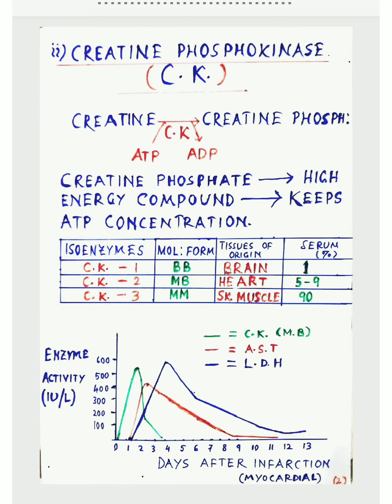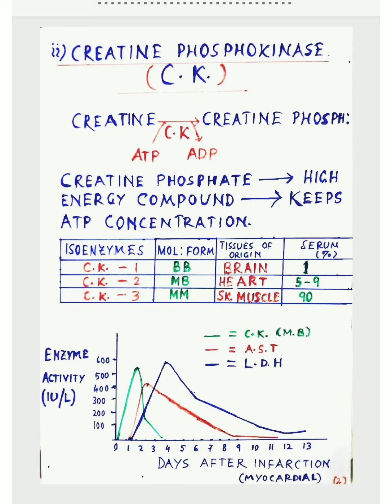The second one is CPK, creatine phosphokinase. CPK has 3 isoenzymes, CPK1, 2, 3, due to differential association of 2 subunits, B and M. CPK2 is also commonly called CPK-MB. You see that table.